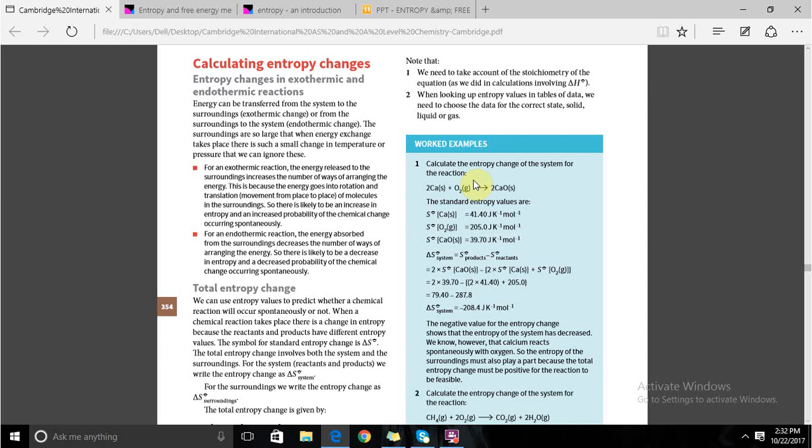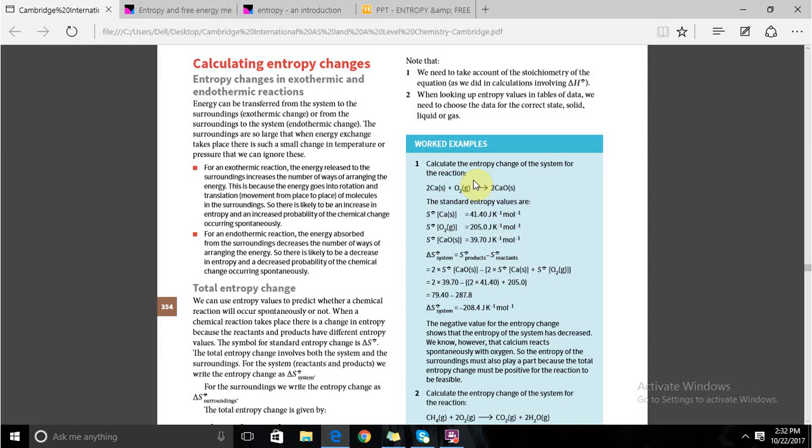Total entropy change, and this is basically what I just told you. There is a change in entropy where the reactants and the products have different standard molar entropy values, and we convey this as delta S naught, and the total energy involves both the system and the surroundings, which is why I so clearly tried to explain the difference between them at the beginning of this video.